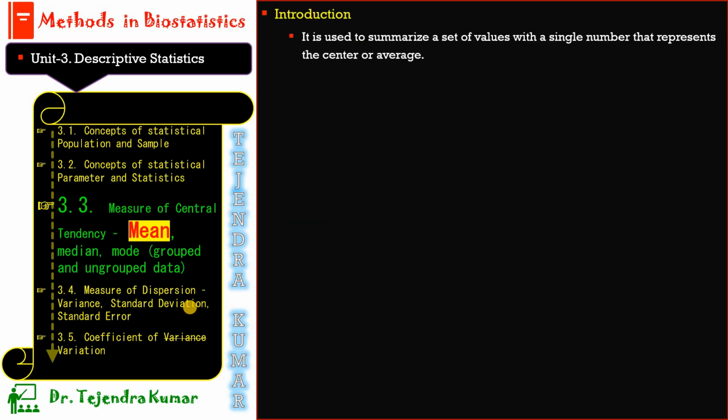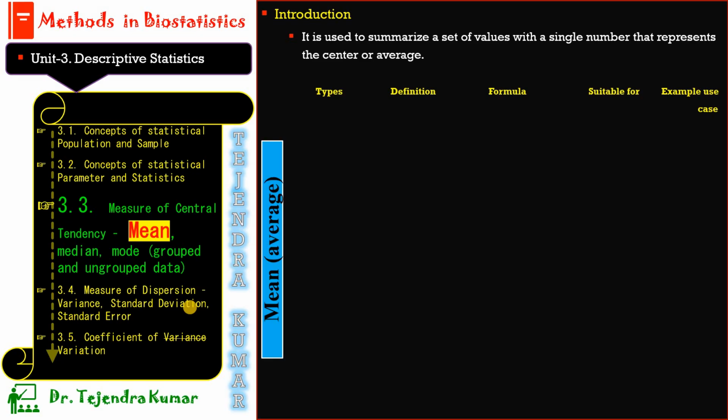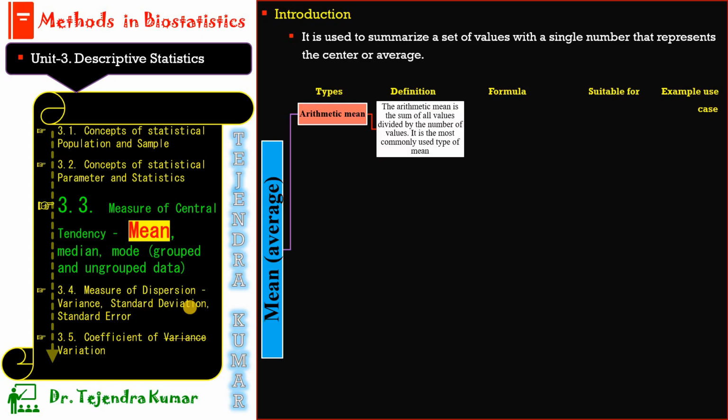Mean is used to summarize a set of values with a single number that represents the center or average. So here are the types. First is arithmetic mean. Arithmetic mean is the sum of all values divided by the number of values.